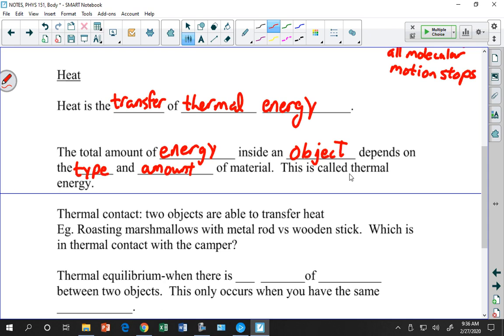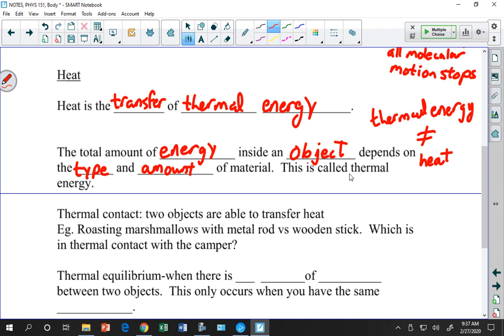That's going to be different from heat. So thermal energy is not the same as heat. They're related, but they're not the same. When I'm talking about heat, I'm talking about thermal energy moving from one place to another. And when I'm talking about thermal energy, I'm just saying, okay, there is so much thermal energy in this spot. But heat is all about the transfer. Thermal energy is just how much energy is in this object, but heat is the transfer of that thermal energy from one spot to another.